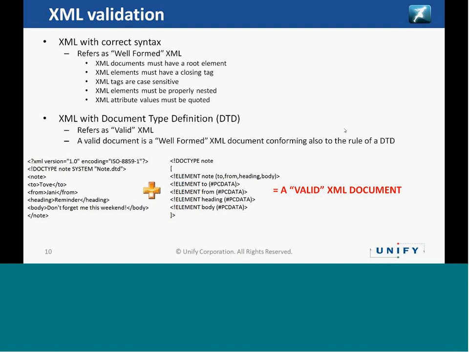If you follow the rules of XML, then you have, as we say, a well-formed XML. If you link an XML to a file called a DTD, document type definition, then you can refer to it as a valid XML, because you're going to have some information for the engine, for example the DOM, to ensure that, for example, the note element contains the elements to, from, heading, and body.